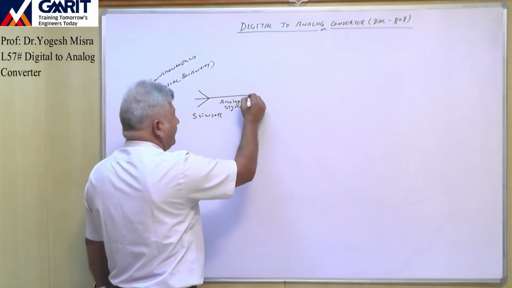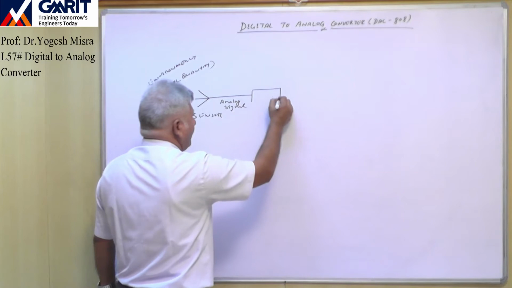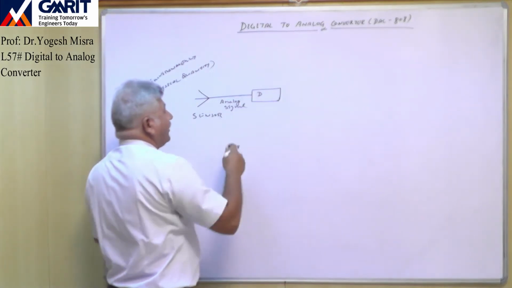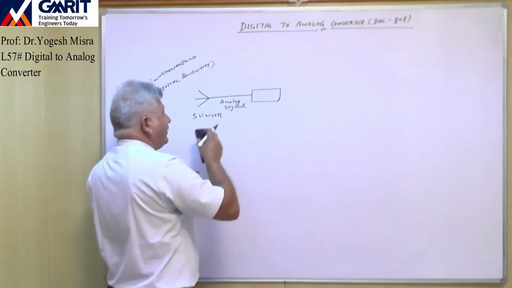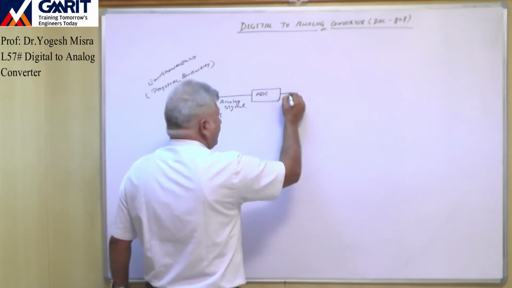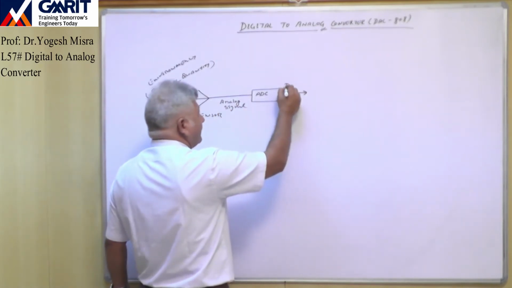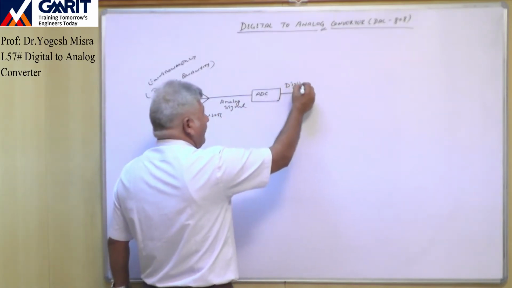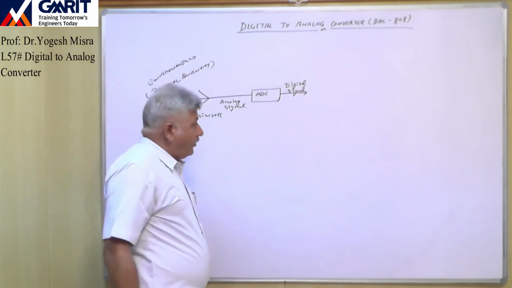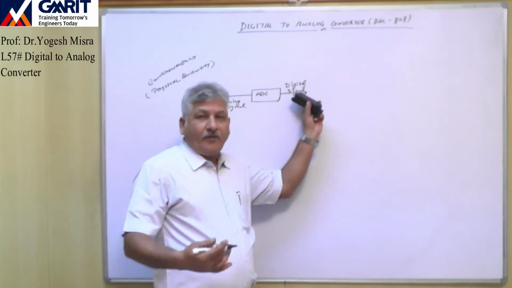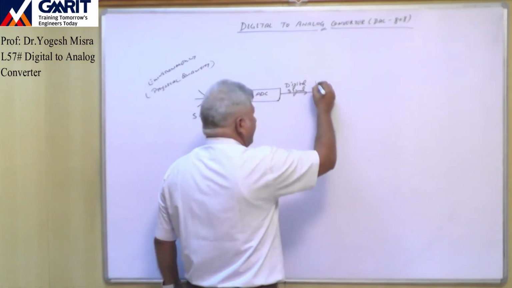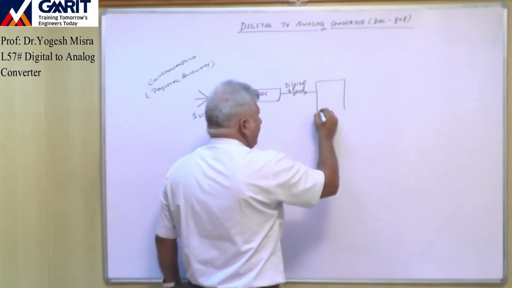This analog signal will be passed through one ADC, analog to digital converter. The ADC will give a digital signal, which we feed to the microcontroller or processor. So this signal is the input to the processor.